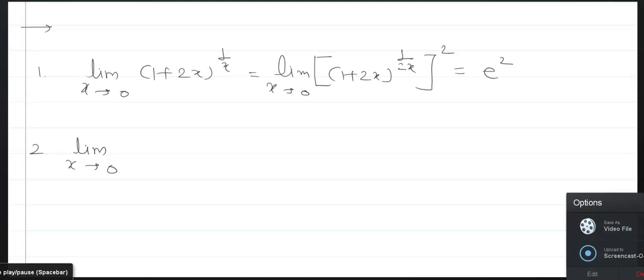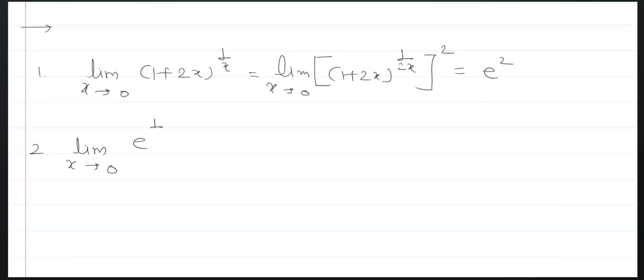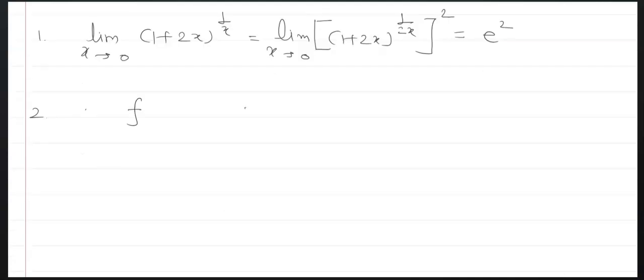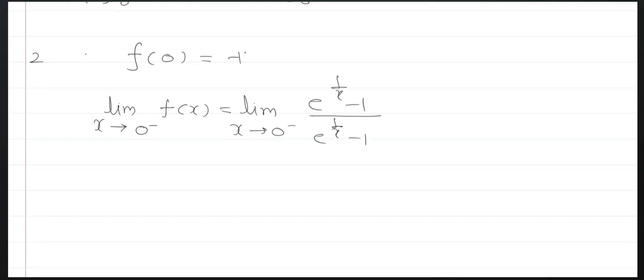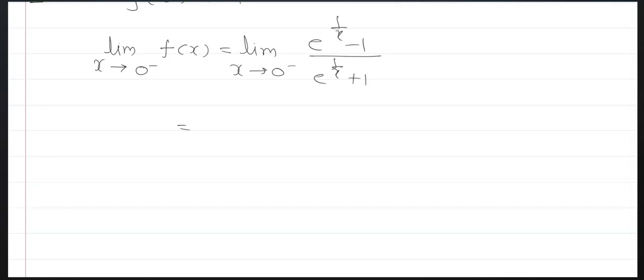Therefore, the second is, now to evaluate this limit, f of 0 is minus 1. We take the left hand side limit, e raised to 1 upon x minus 1 upon e raised to 1 upon x plus 1, limit x tends to 0.